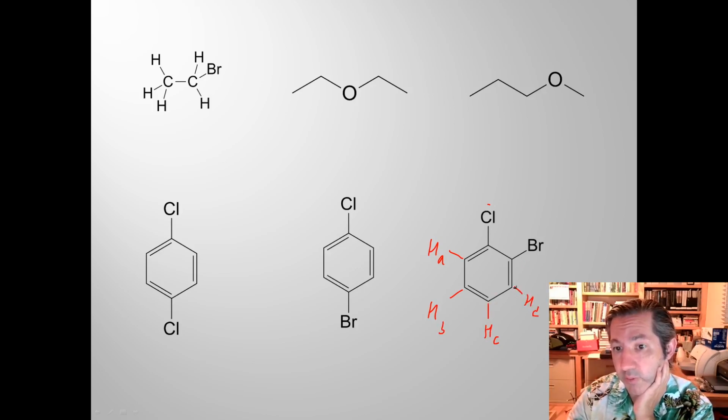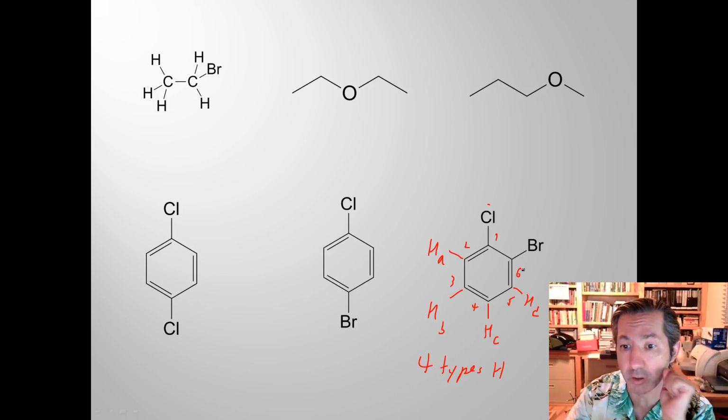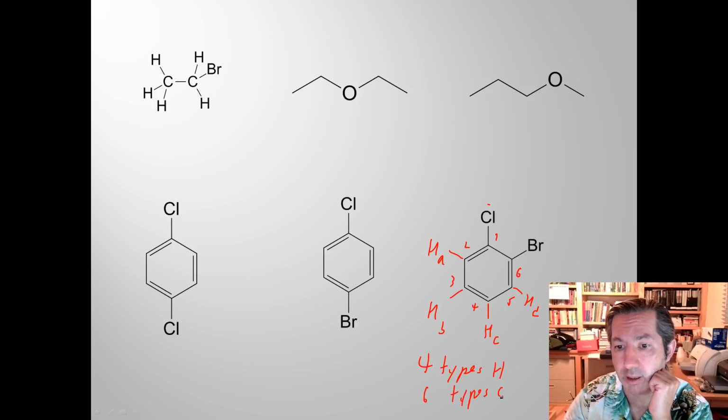This one is 4 bonds away from bromine. There's 4 types of hydrogen here. And there is no symmetry other than a flat plane of symmetry on this molecule. And so every single carbon is actually different as well. On the carbon spectra you will see 6 signals showing up. 6 types of carbon.